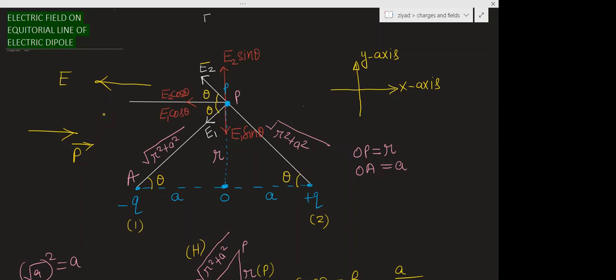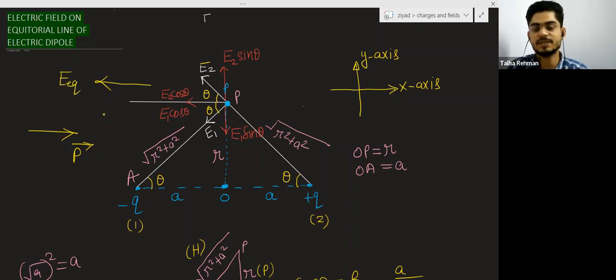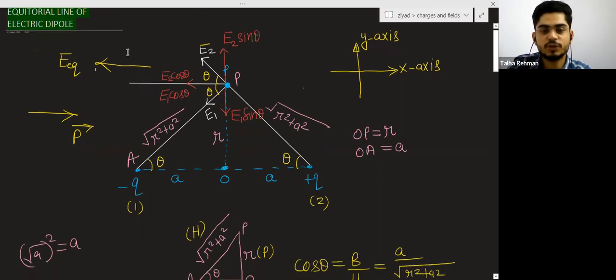This can be asked in the examination: tell the direction of electric field with respect to the electric dipole in case of the equatorial line of electric dipole. The direction of electric field at the equatorial point is opposite to that of the dipole.